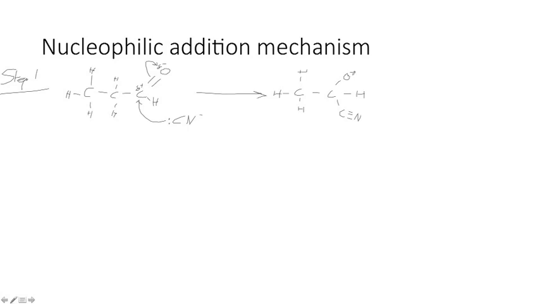So this will attack a HCN because it's fully negative, and that's how we get our step 2 of this reaction, where we take our product from the first stage and what we can see, as we've got a lone pair here, we can see this attacking a HCN, just represent like this.